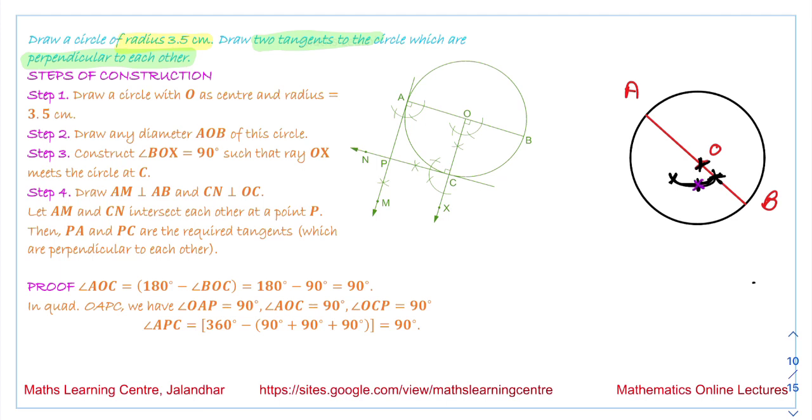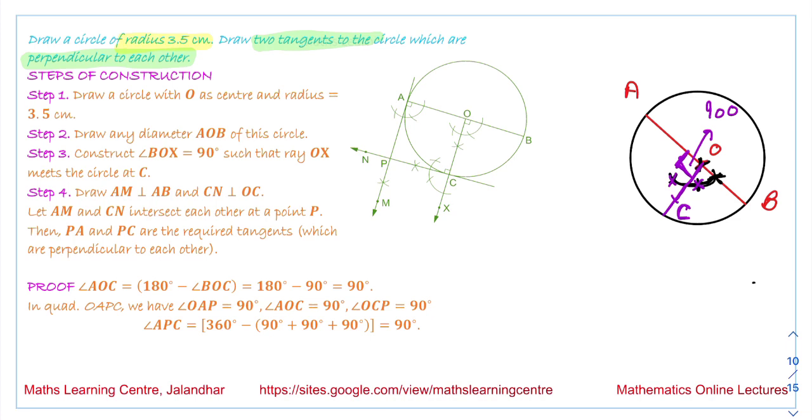Next, by keeping the compass at these 2 points, we obtain a point over here, and this line intersects the circle at a point we call C, and this angle over here is 90 degrees.